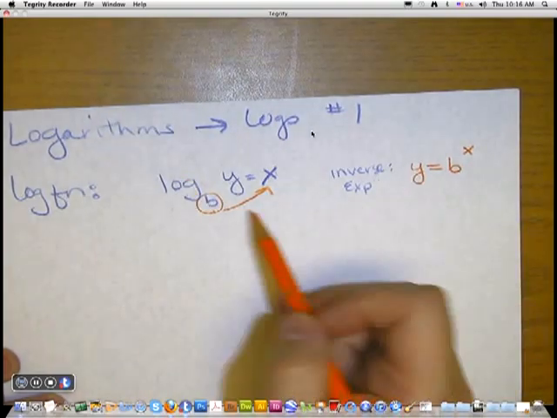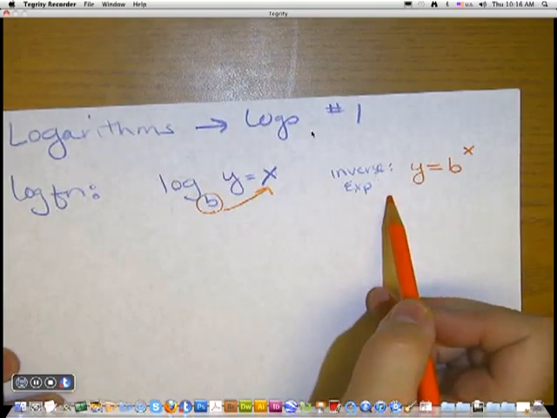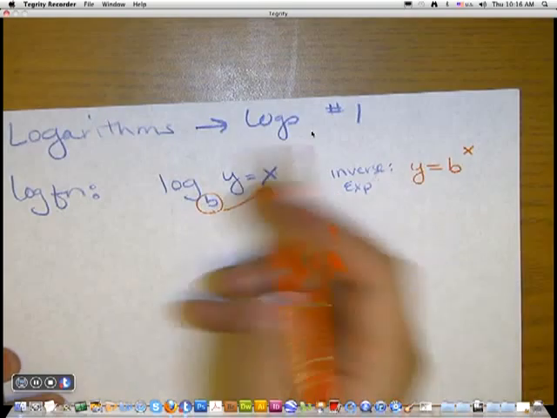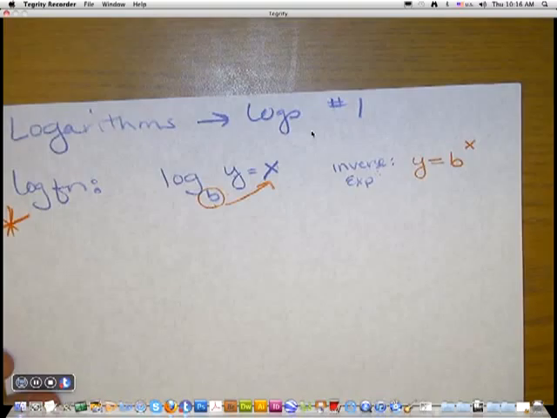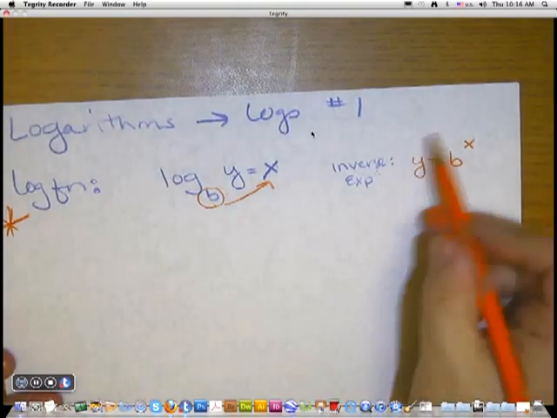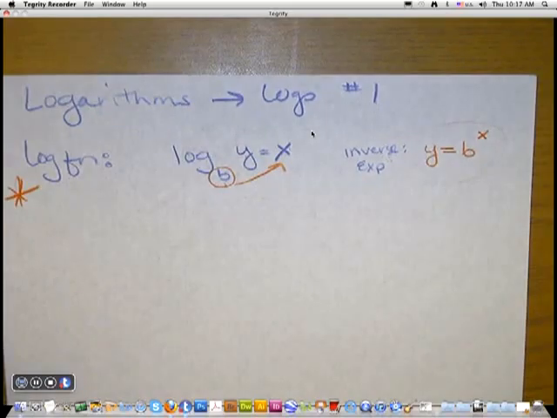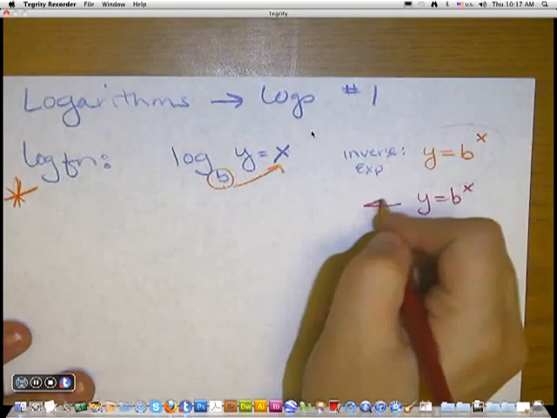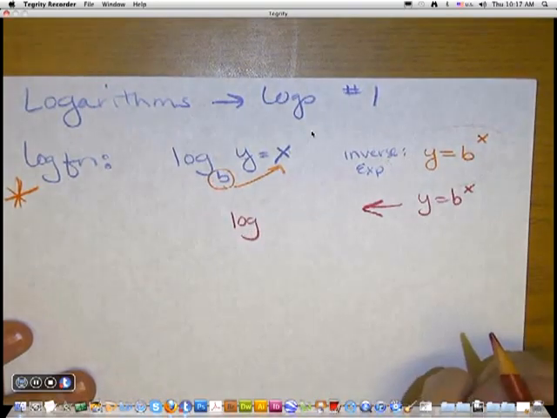This transformation from log form to exponential form is a key component of what you're going to be doing with logs. You must be able to convert one to the other. So just the same way, if I have exponential, in order to change it back, I must have the word log.